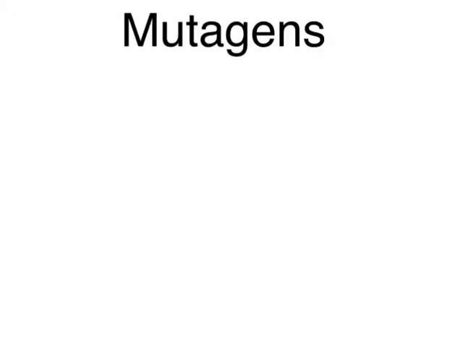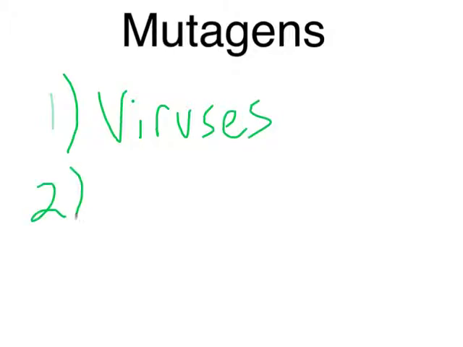Mutagens are mutation-causing agents, and there are three types. One, we have viruses. Two, certain types of chemicals.